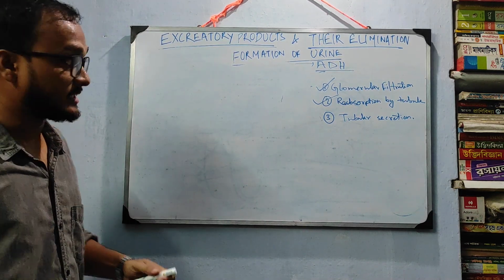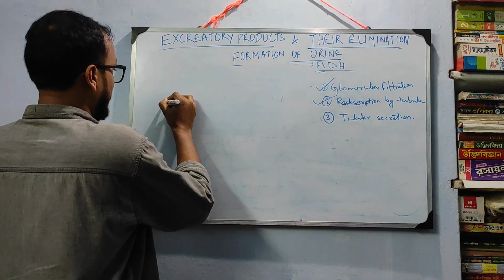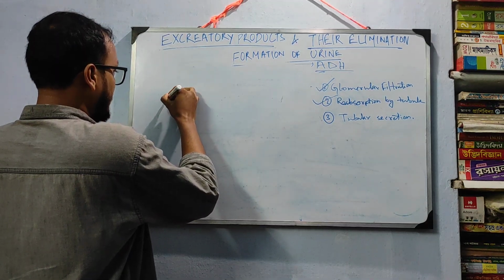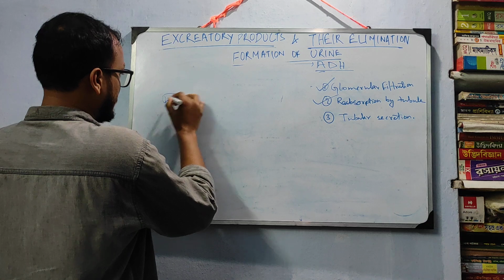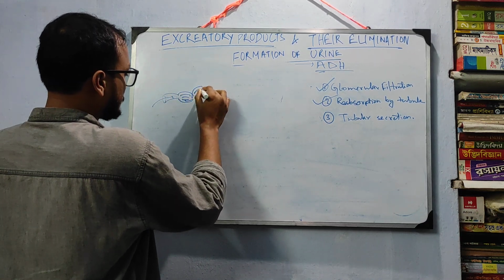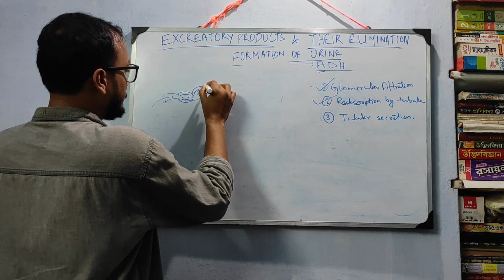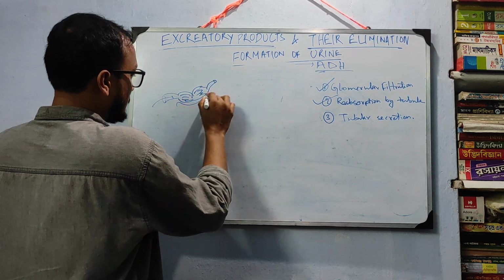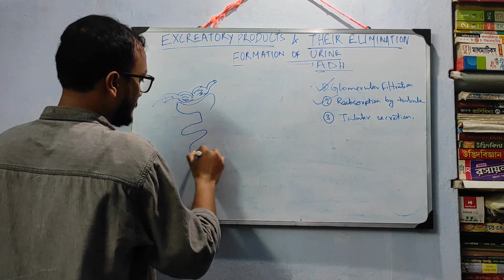Now, tubular secretion. For tubular secretion, an important structure is there. This is the afferent arteriole, then there is the glomerulus. Now there will be the efferent arteriole, right? There will be Bowman's capsule.